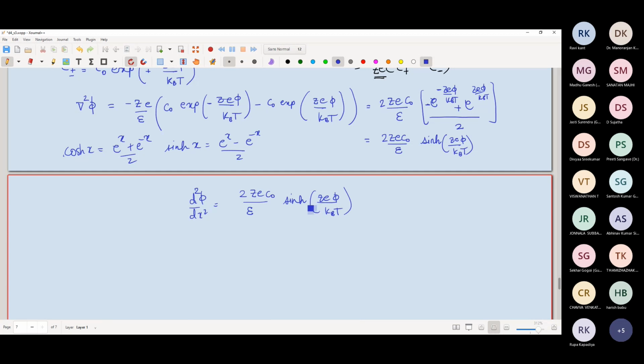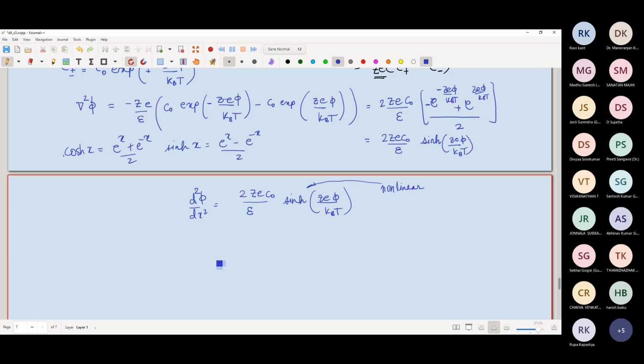Now this equation is nonlinear, because of the presence of the sinh term, but despite being nonlinear, there does exist a solution for this equation. But we will not worry so much about the nonlinearity. When can we not worry about the nonlinearity? We'll discuss that also.